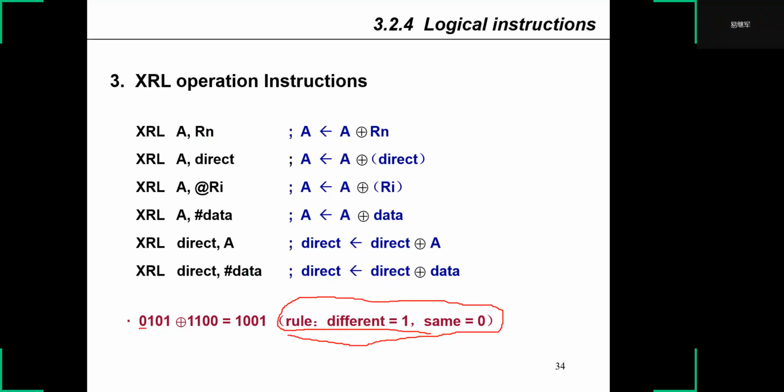This is 0 and this is 1, different, so we get 1. This is 1 and this is 1, the same, so we get 0. Here 0 and 0, so we get 0. This is 1 and this is 0, different, so we get 1. This is a simple rule.